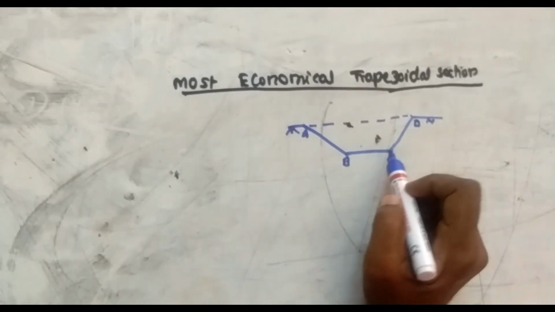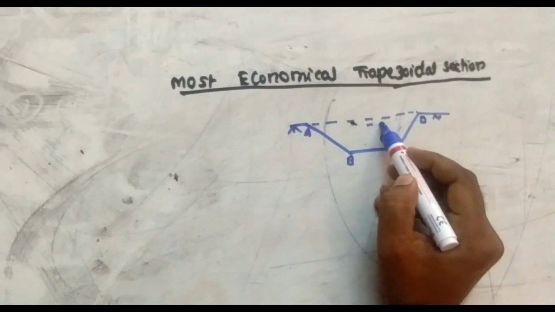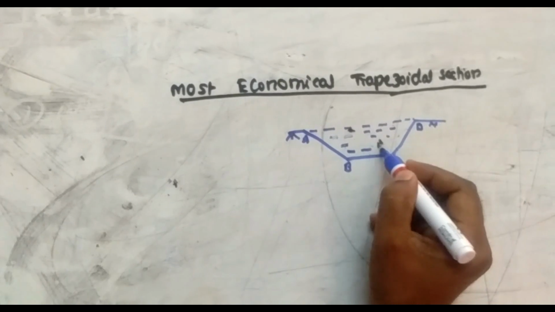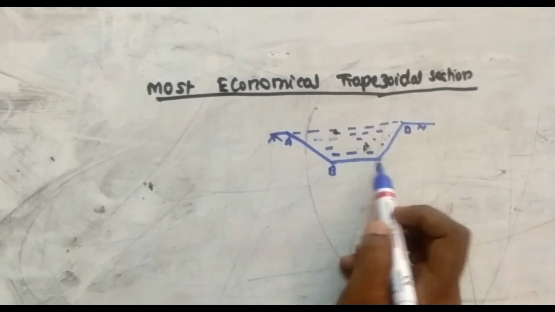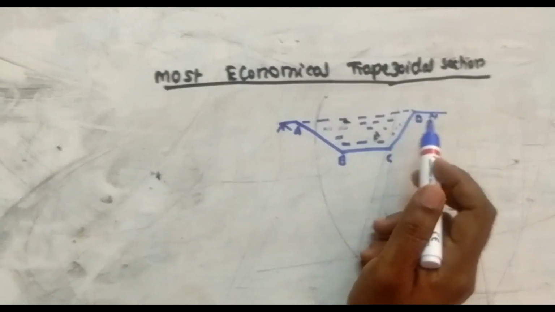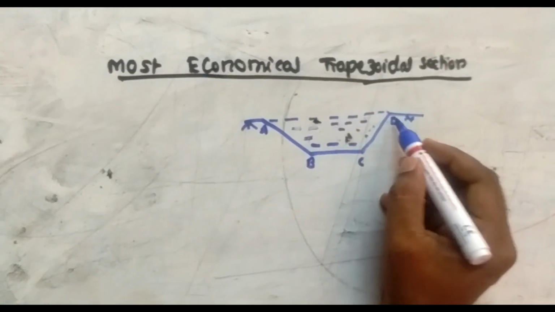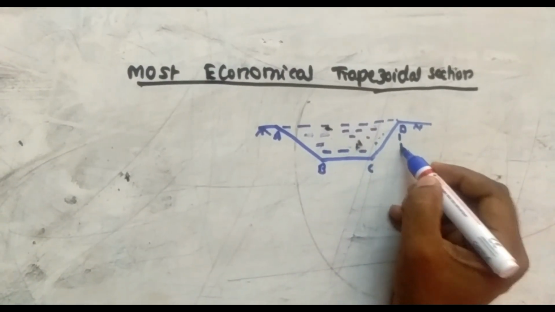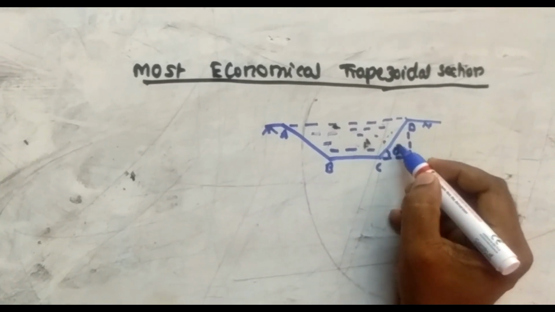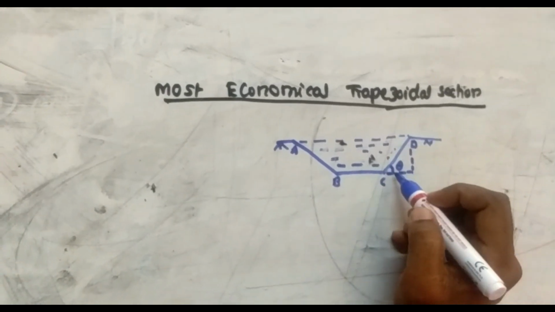This is a canal where water is stored, and the canal is in a trapezoidal section, named ABCD. Here I draw one perpendicular and take this angle as theta, making one triangle.